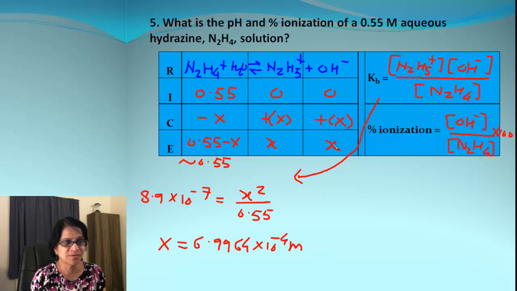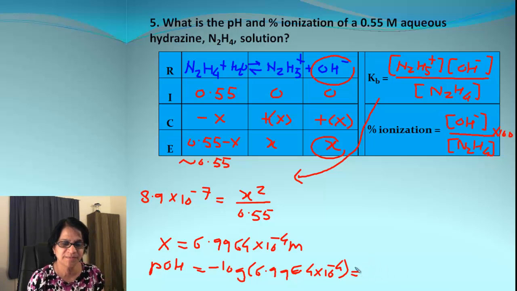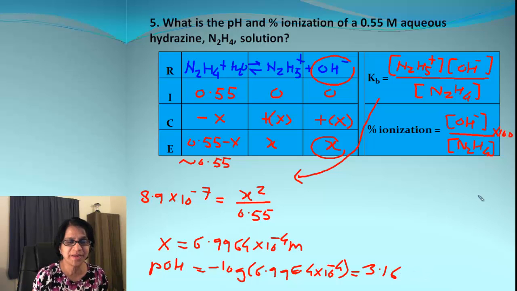If x is equal to the hydroxide concentration, we can find out pOH, that's negative log of 6.9964 times 10 to the negative 4, and that is equal to 3.16. So with that we can find out pH will be 14 minus 3.16, which will be 10.84.